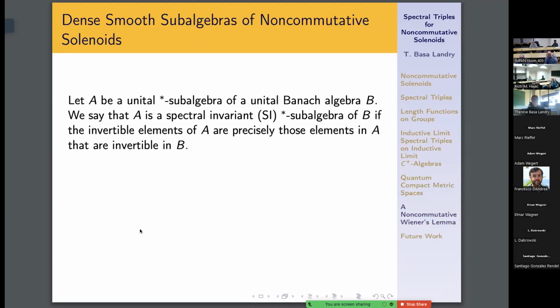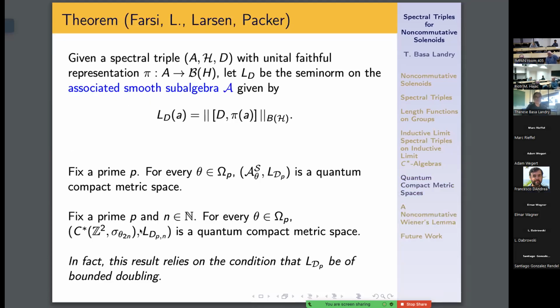So could you remind me, what is this theta to n for a given theta? No, you have theta, and then you have sigma theta to n. Oh, because in the sequence, we only take the even ones. So we only take the rotation algebras associated with the even elements in the sequence.